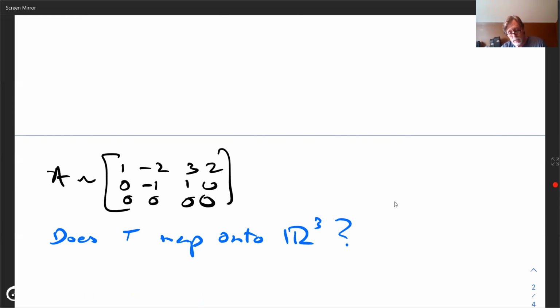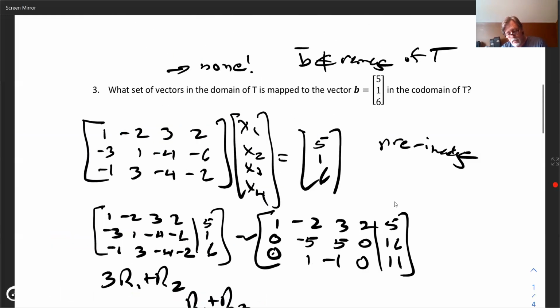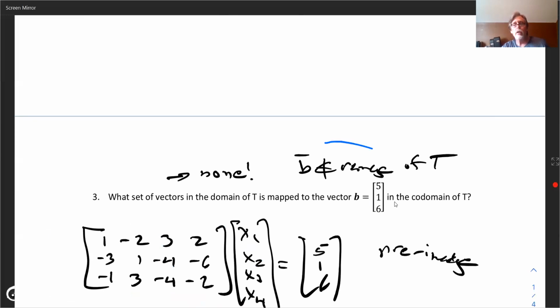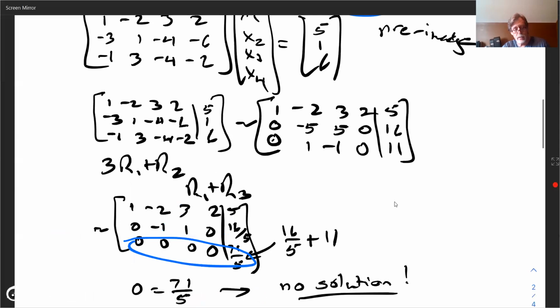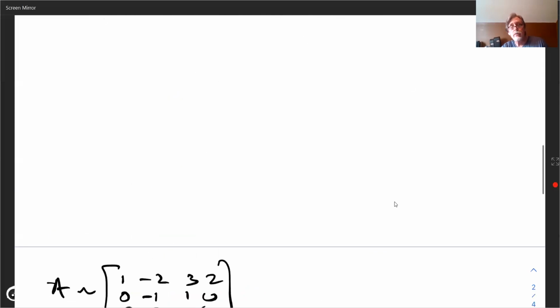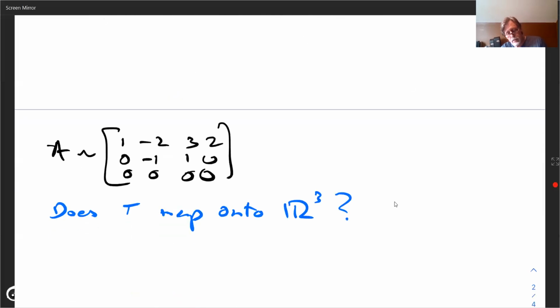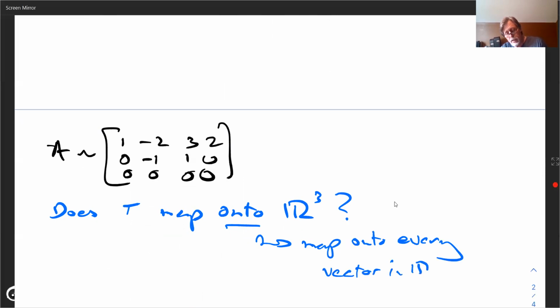Up here, we picked a vector from R3, and guess what? Nothing maps to it. So is it onto? That is to say, does it map onto every vector in R3? And the answer is no, it's not onto. It doesn't reach everywhere.